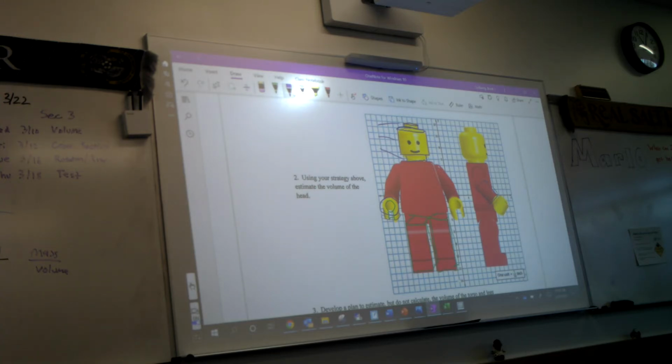Could we use a cylinder instead of that rectangle here? Then you have the curves, so you probably have to do... Yeah, it won't fit in perfectly, right? That's why we're just estimating here. So yeah, you could throw in some different shapes too. I like the idea of a cylinder because it gives him that nice round look.